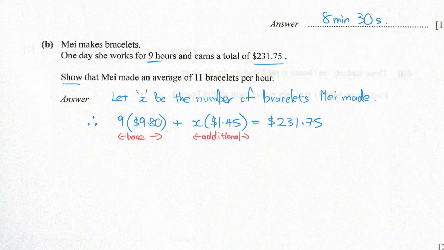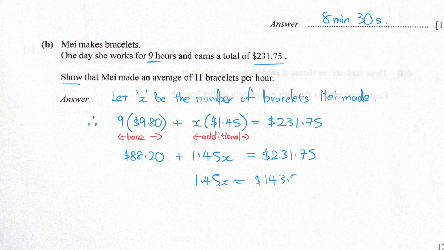Next, we expand it and evaluate it. We'll get 88.20 here and 1.45x equals 231.75. Now simplifying it, we'll get 1.45x is 143.55, and therefore x is simply 143.55 divided by 1.45, which gives us approximately 99 bracelets.